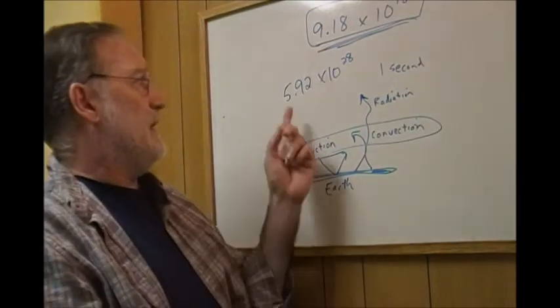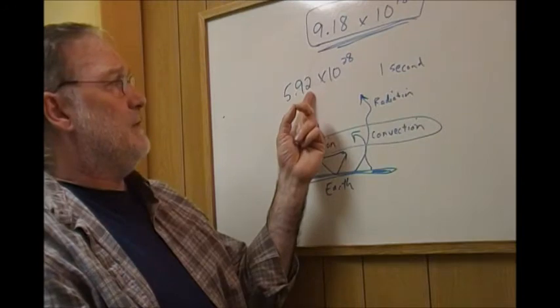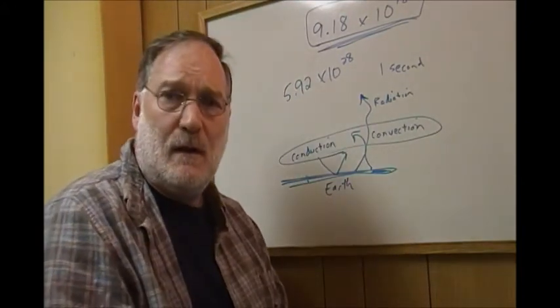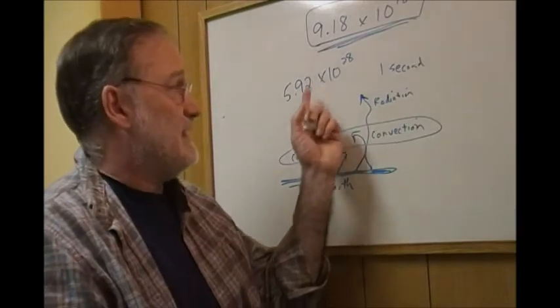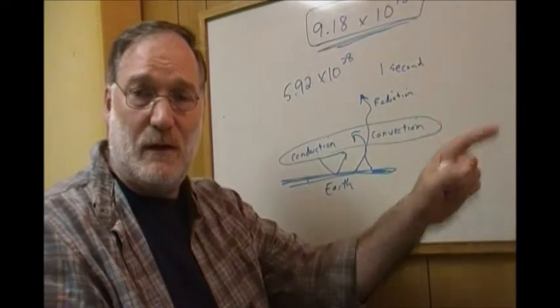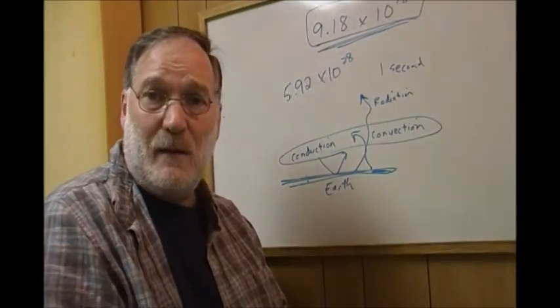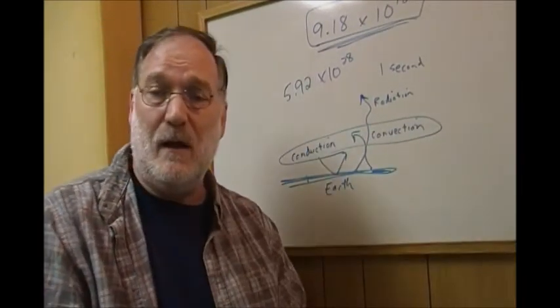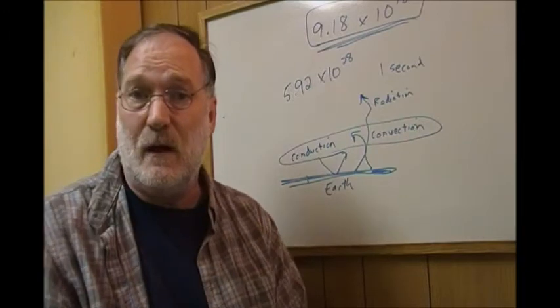That's 592 with 26 zeros on it. That's how many times in 1 second the carbon dioxide molecule is going to be hit by nitrogen molecules.